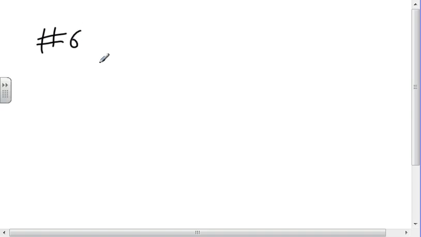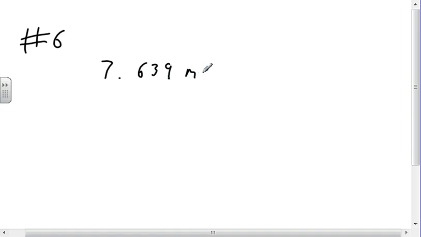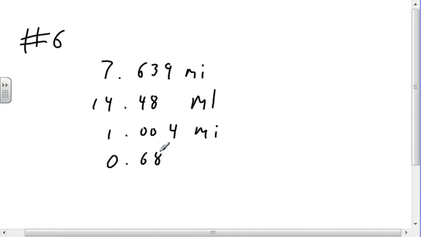Okay, number 6, I'm adding 7.639 miles and 14.48 miles, 1.004 miles, and 0.68 miles.